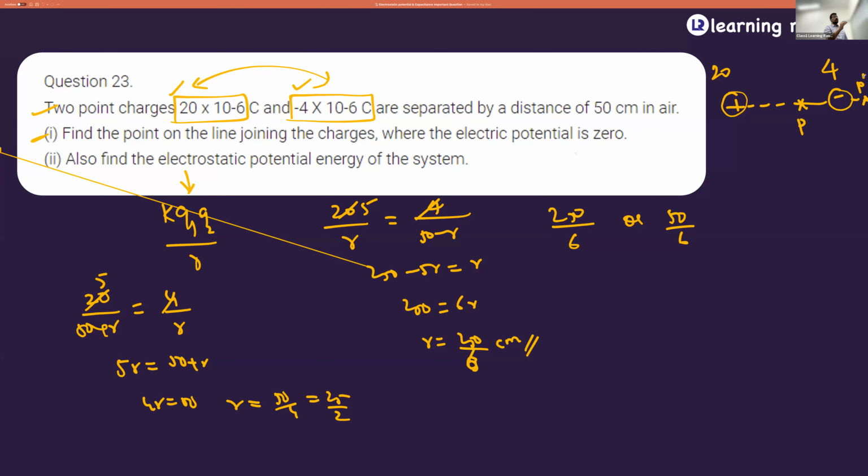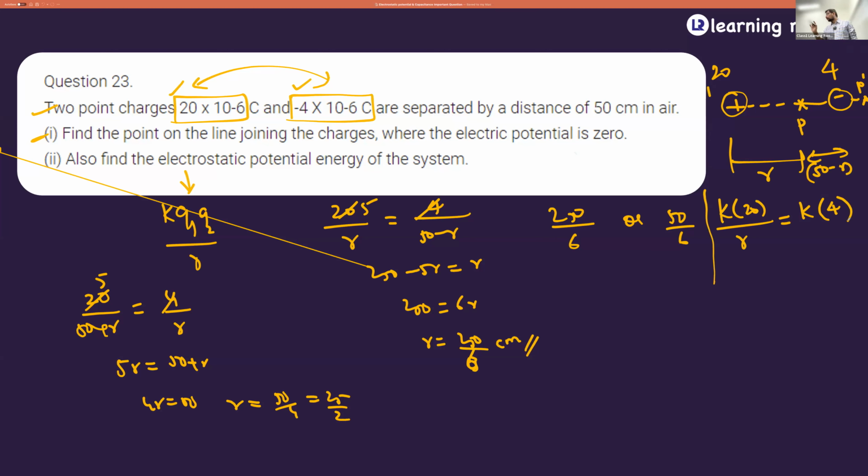Am I clear? So if you take the distance from here to be R, then how much will this distance be? 50 minus R. I'm not doing any conversions. So all that you need to do is calculate the potential due to the 20 microcoulomb at point P, which will come out to be K into 20 divided by R should be equal to K into 4.